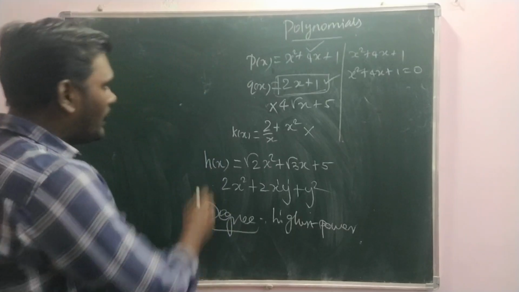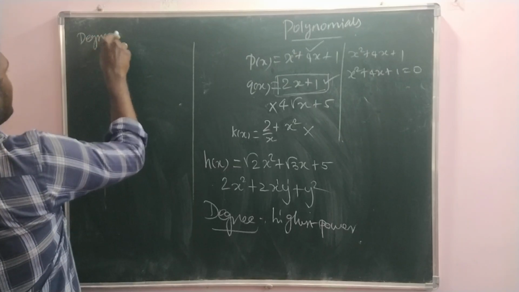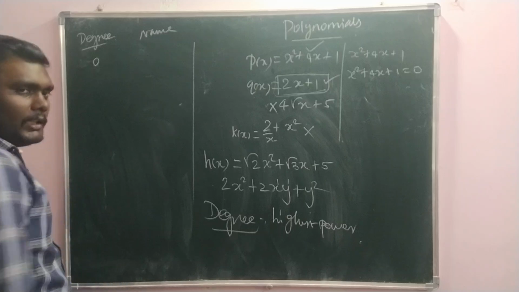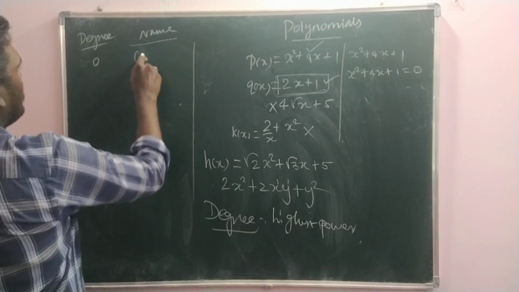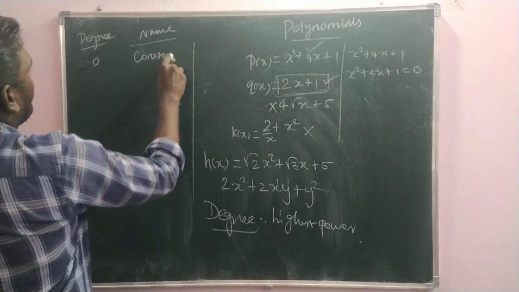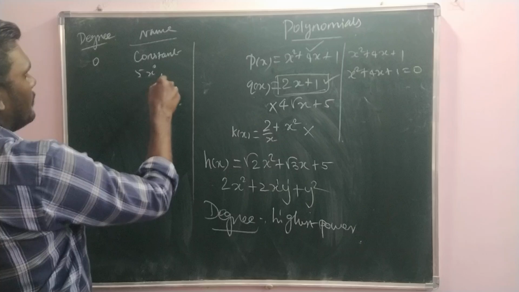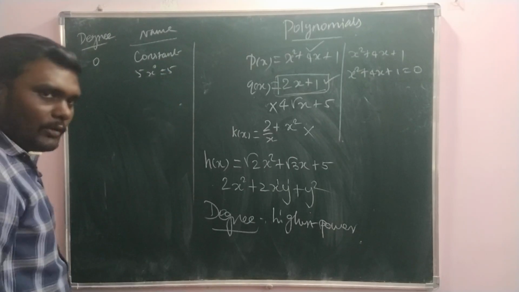And then based on degree, we have some classifications. Remember the classifications? Can anyone say? If the degree is 0, then how do we call it? It is a constant polynomial. There will be no variable in it. Likewise, 5 into x power 0, that is nothing but 5. Likewise, only numbers will be there. It's called a constant polynomial.